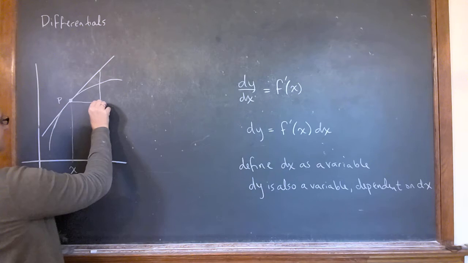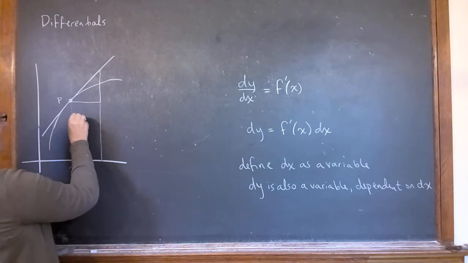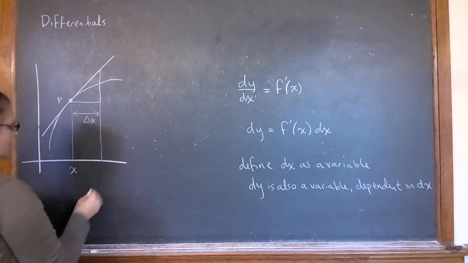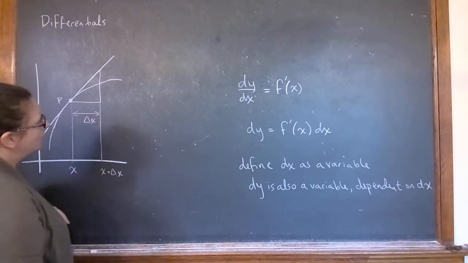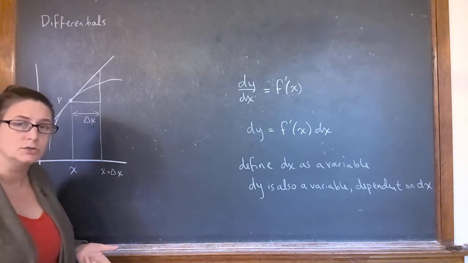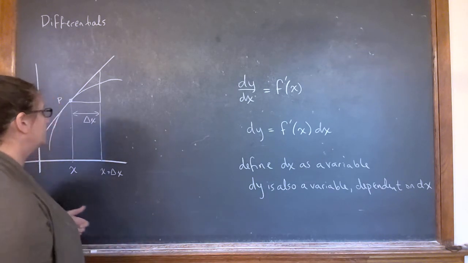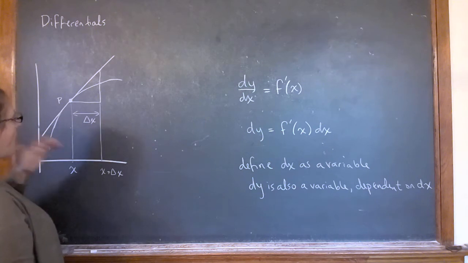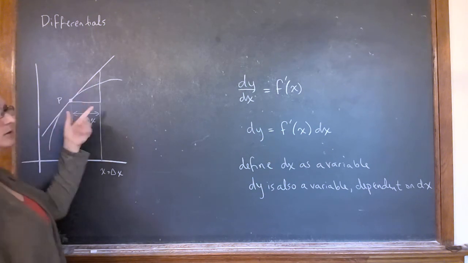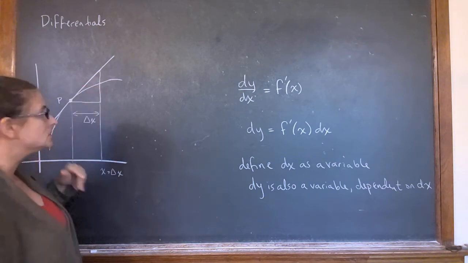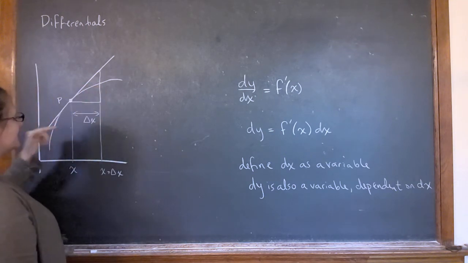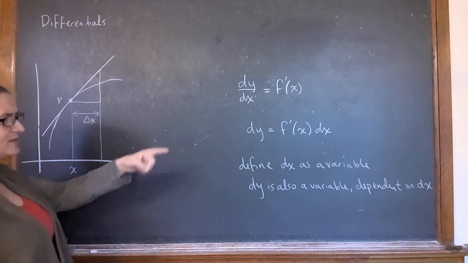Remember, we stepped a small amount delta x. So this point would be x plus delta x. Somebody called it h, but it can also be called delta x. This triangle is usually very small; I drew it big here so you can see the difference. So what are we going to define dx as being?